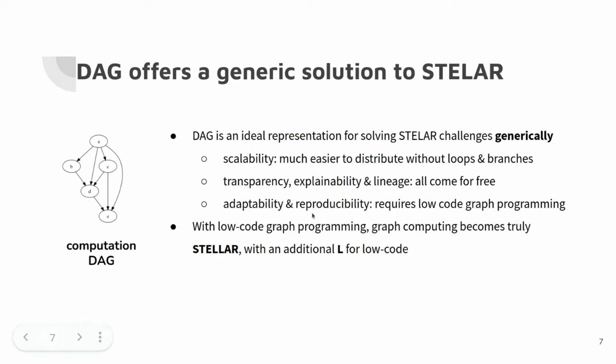So the last, adaptability and reproducibility, these are a bit more challenging than the previous challenges. Let me explain what they mean. Adaptability means that when you have a complex system, it should be easy to make changes.